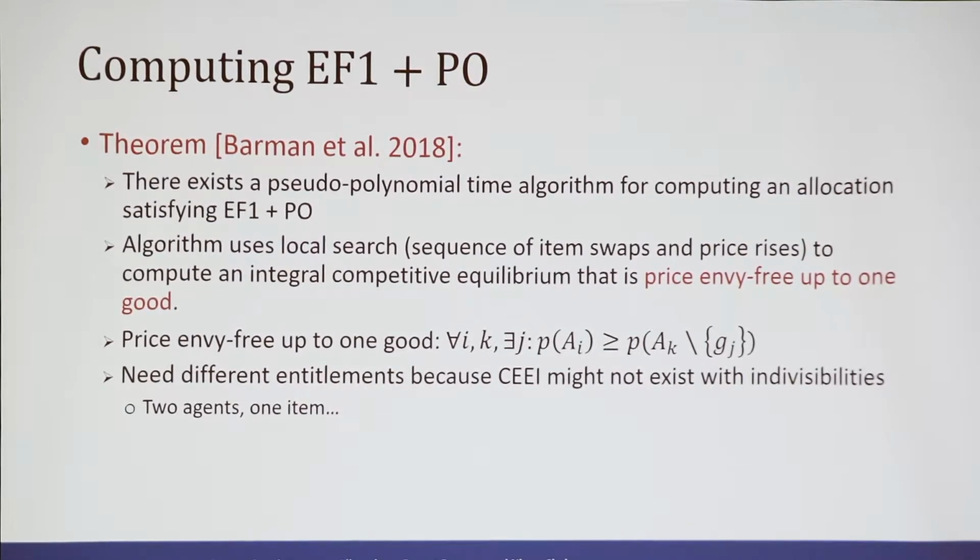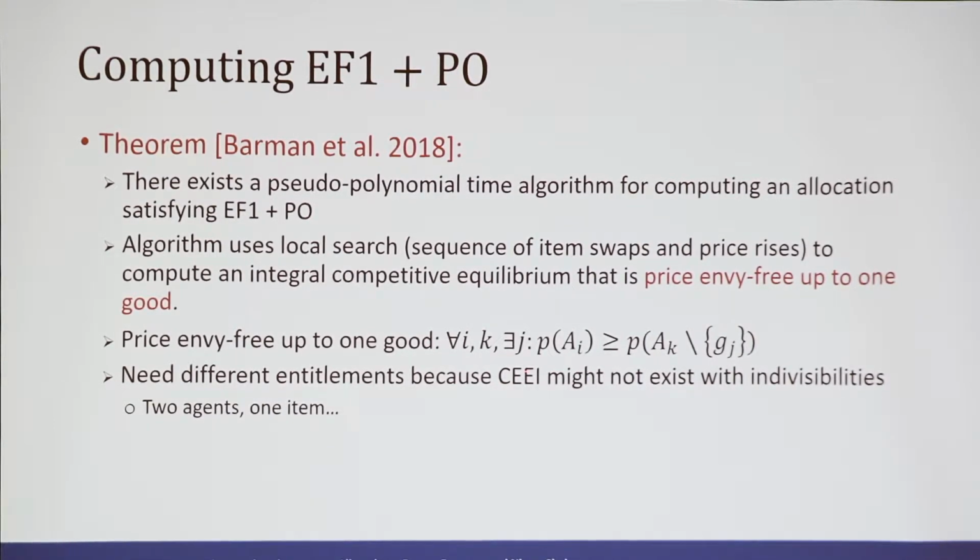In particular, with equal incomes, which is what we had before, competitive equilibrium from equal incomes might not exist. Because if you have one good and two agents who want the good, if they both have the same amount of money, you can't decide who to give it to. You need one to be wealthier than the other. So to get around this, they take unequal incomes, but they make sure that the equilibrium they get satisfies this property called price envy freeness up to one good.